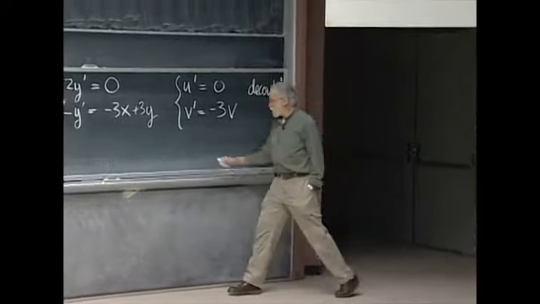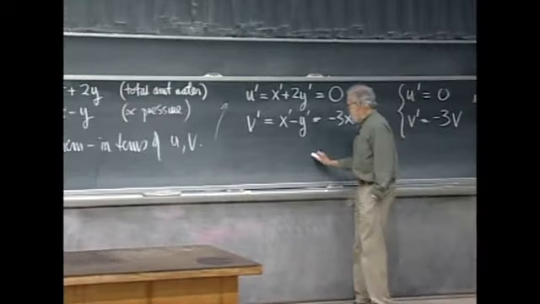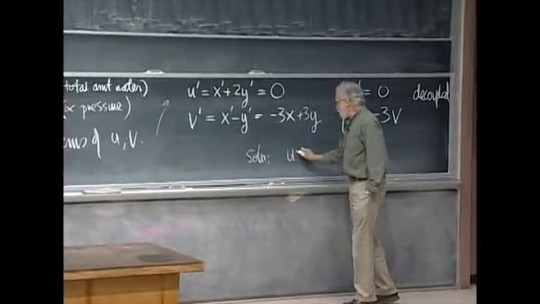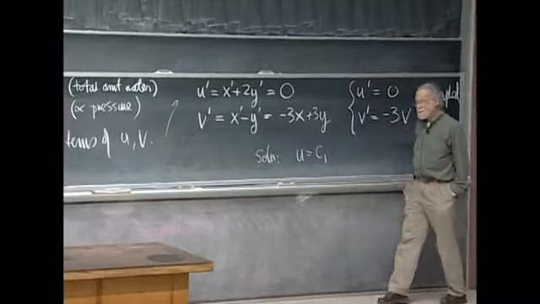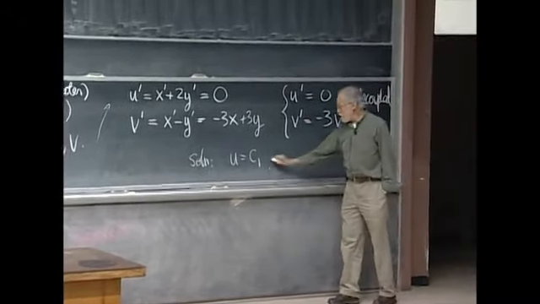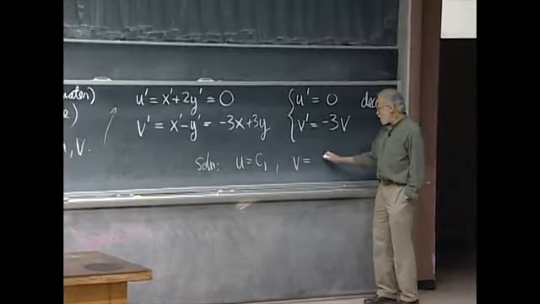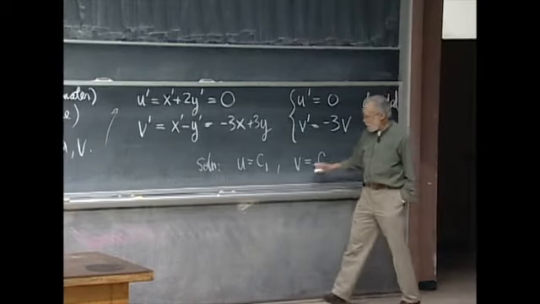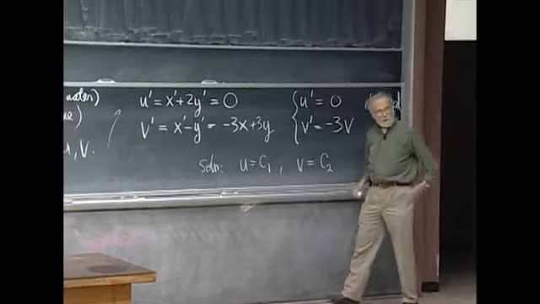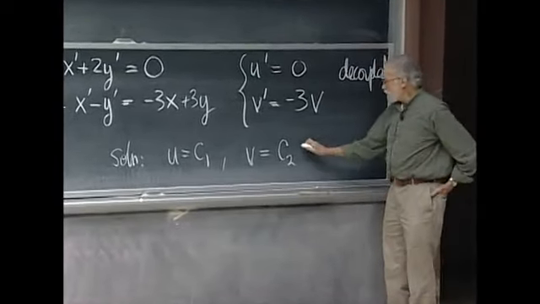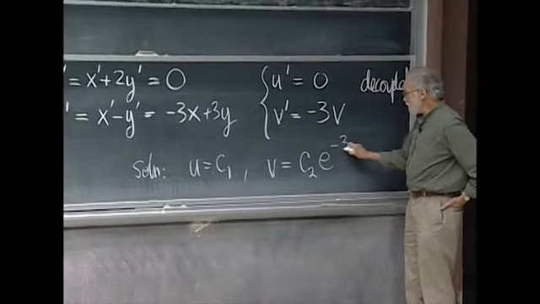All right, what's the solution? Well, the solution is u equals a constant, and v is equal to, well, the solution to this equation is some constant, a different arbitrary constant from that one. These are side-by-side equations which have nothing whatever to do with each other, remember, times e to the minus 3t.